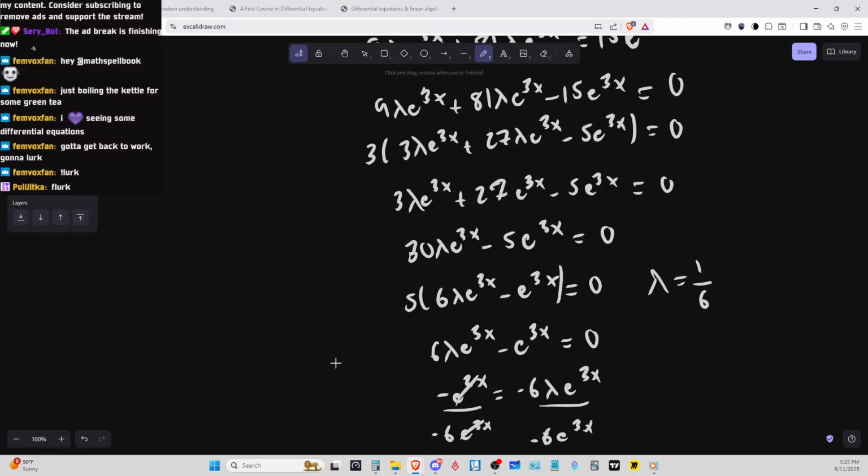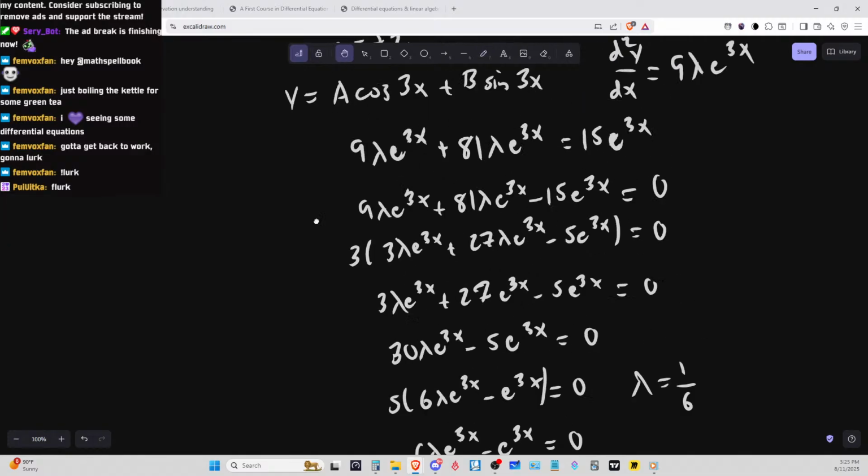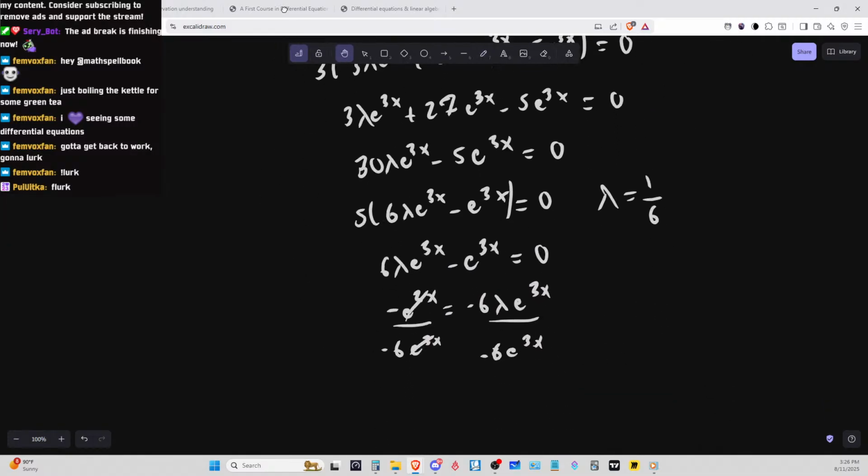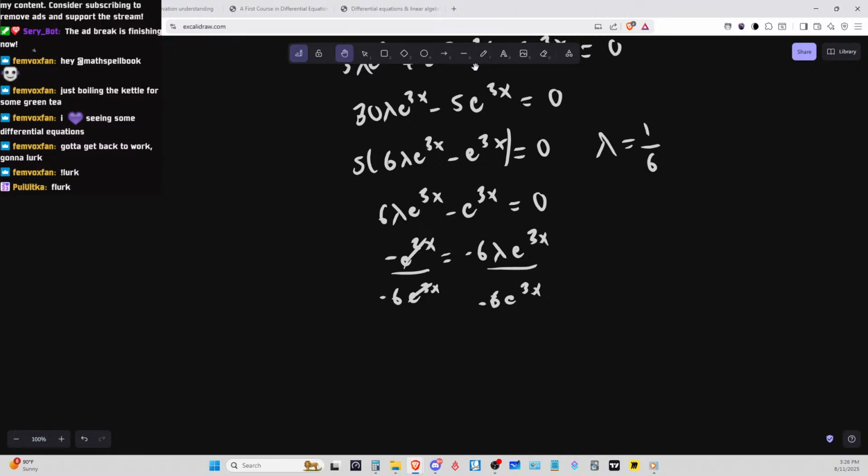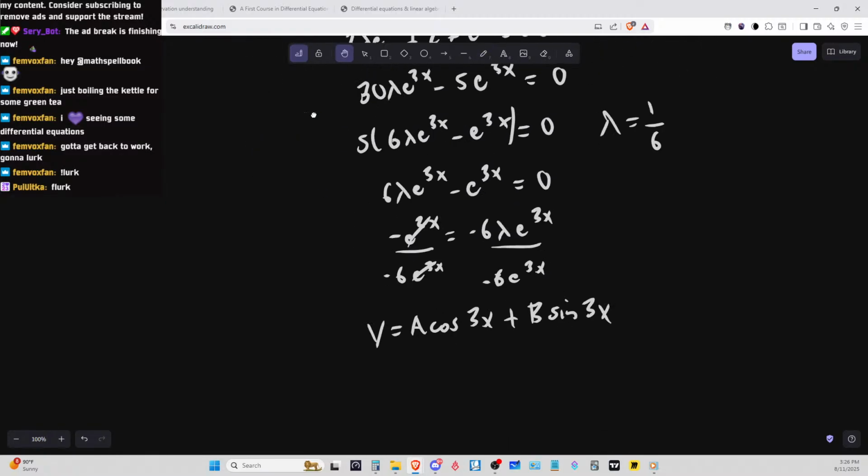And if that is the case, if we take our original equation, or our first part of the equation anyway, so it's a cosine 3x plus b sine of 3x. Hopefully that is correct, right? Yeah.